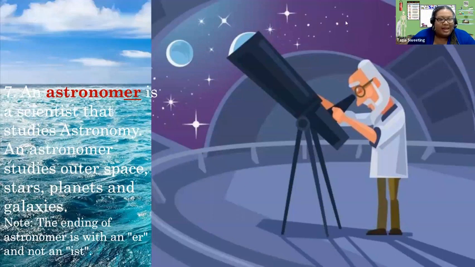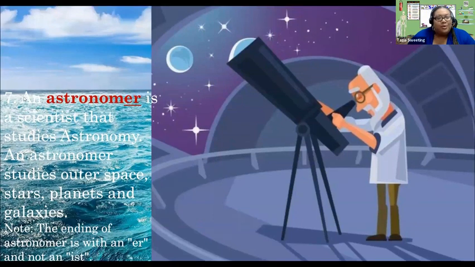Then we have an astronomer. Ooh, so we have our first scientist now that does not end with the IST. So we don't say astronomist, we say astronomer. An astronomer is the scientist that studies astronomy.